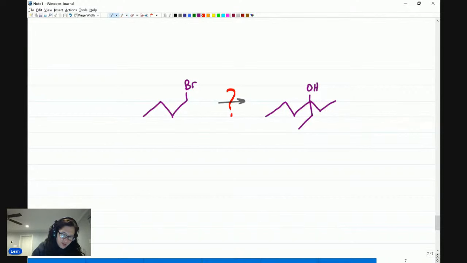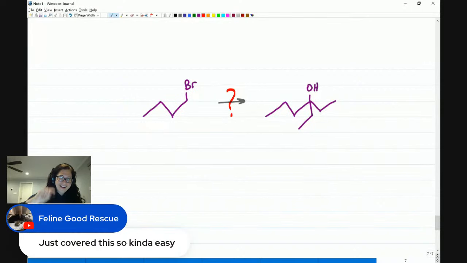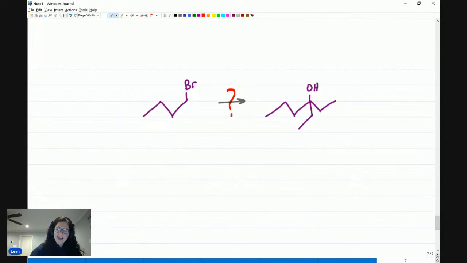Anytime you see a molecule that seems to have grown, carbons got added, and there's an alcohol or something that looks like it came from an alcohol, here is what you want to recognize. Adding carbons to a chain via Grignard will form an alcohol if you attack a carbonyl.